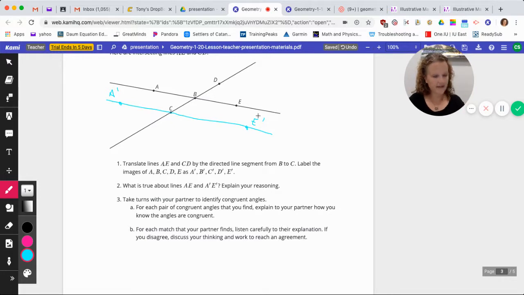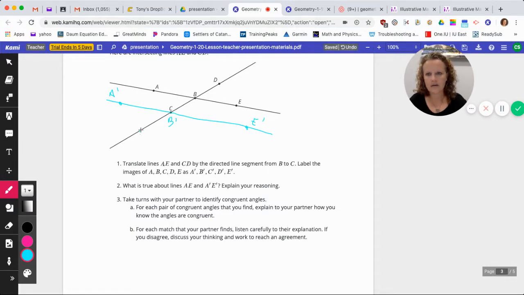All right, what's our next step? That should be B prime. Translate lines AE and CD by directed line segment from B to C. Okay, I think we're there. I'm going to label this B prime, E prime.